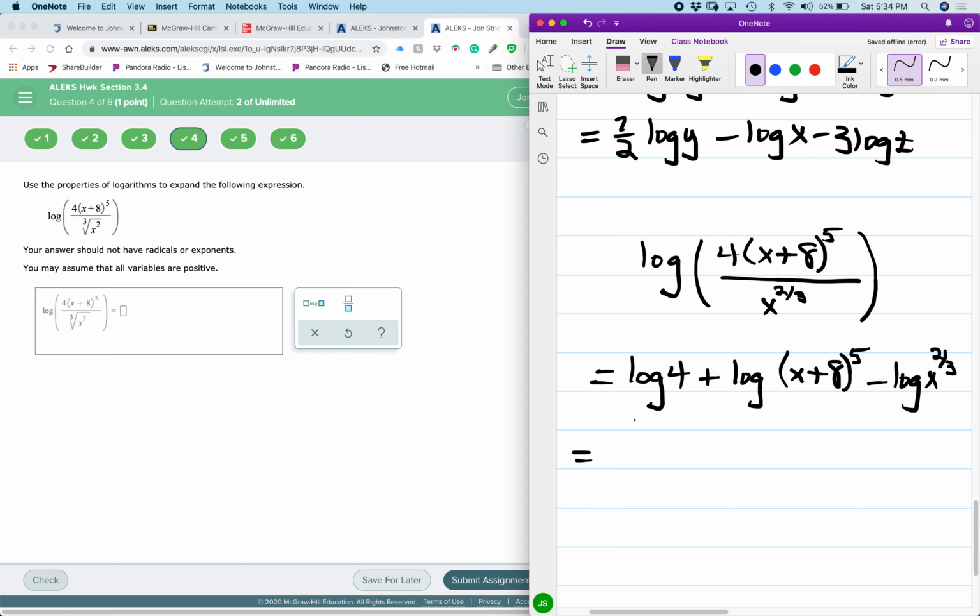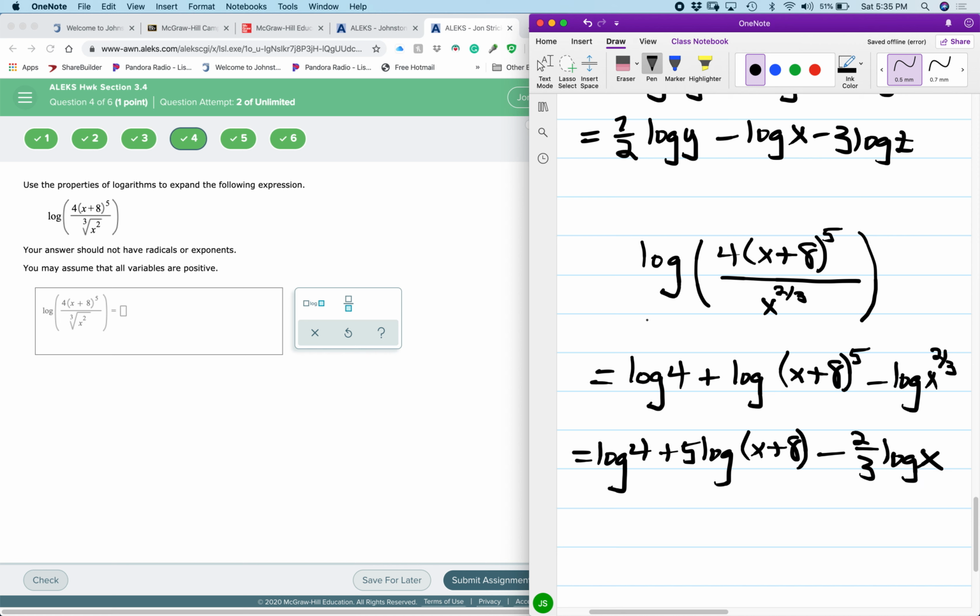Writing exponents as coefficients, I'm going to have the logarithm of 4 plus 5 times the logarithm of the quantity x plus 8, and minus 2/3 of the logarithm of x.